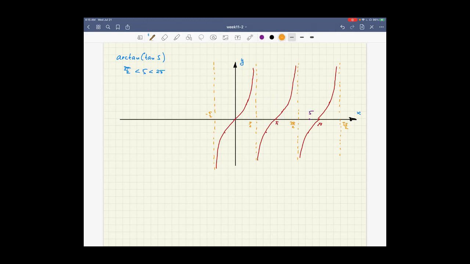And this distance here is tangent 5. It's negative as expected. So I can draw this line here. That line has equation y equals tangent 5.